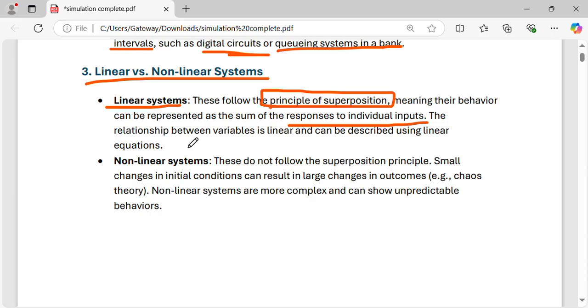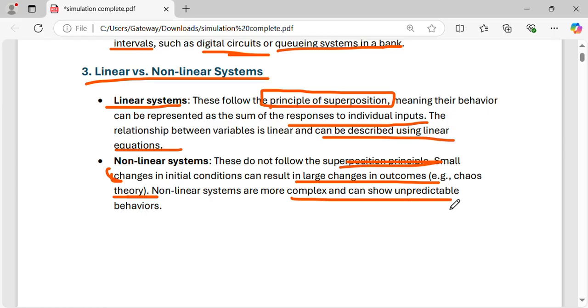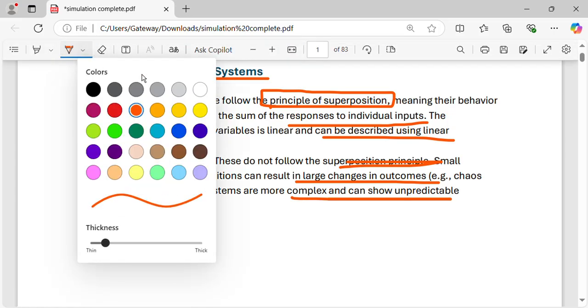The relationship between variables is linear and can be described using linear equations. Nonlinear systems do not follow the superposition principle, and small changes in initial conditions can result in large changes in outcomes. Chaos theory applies here, and they are more complex and can show unpredictable behaviors, right? So really important stuff to note here.